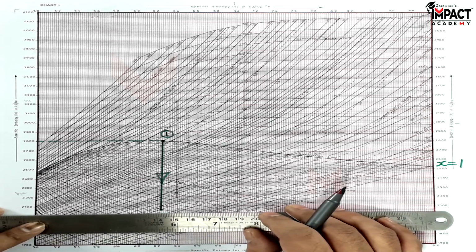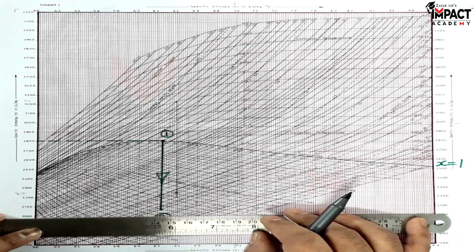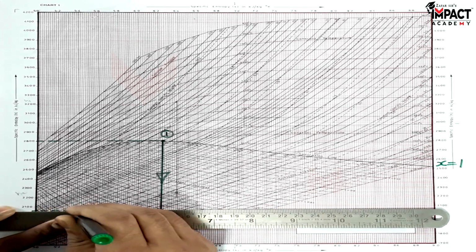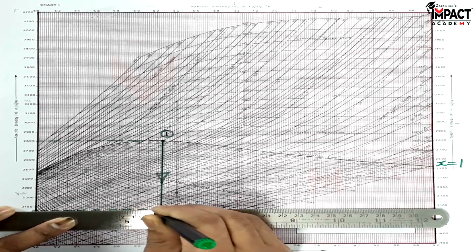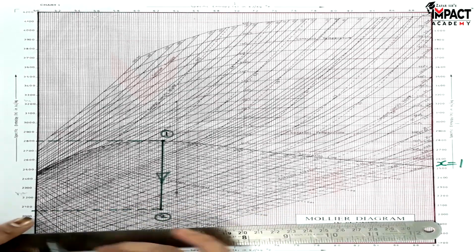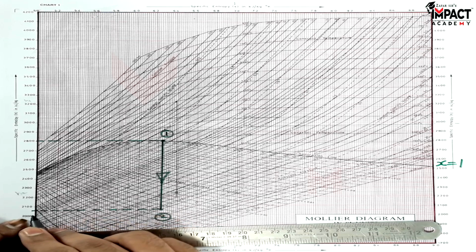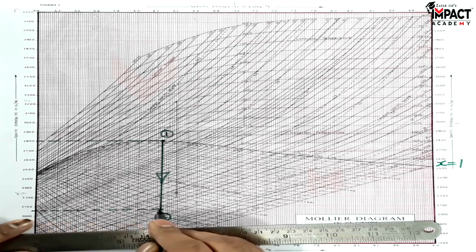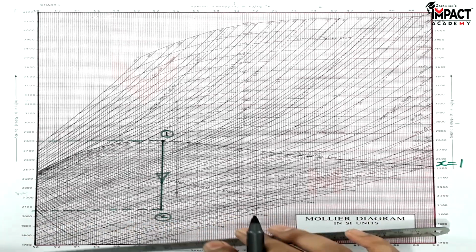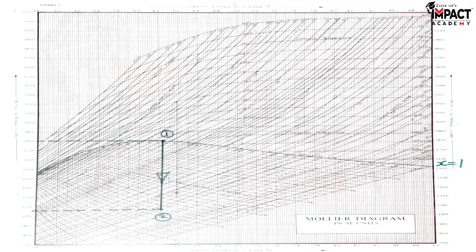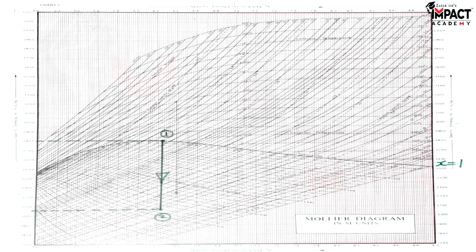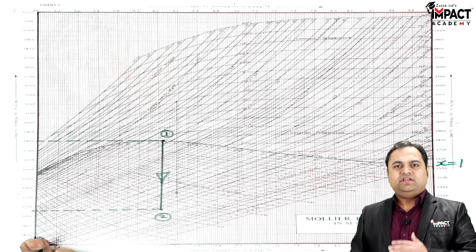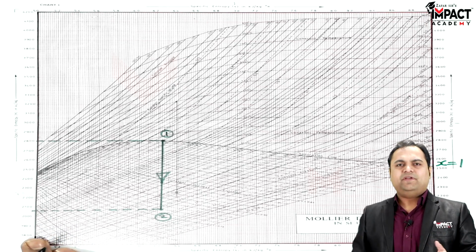So when I am projecting this point, this will indicate the enthalpy of the second point, and my answer is it is 2060 because from 2000 these are 6 boxes above, so I'm getting H2 value as 2060. That value I'm going to write here. So H2 value is 2060 kilojoule per kg.